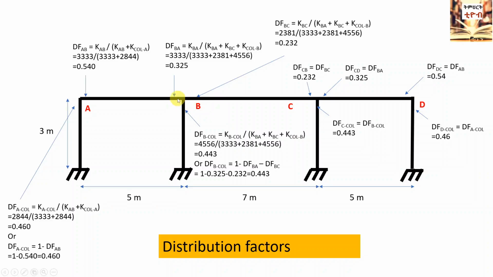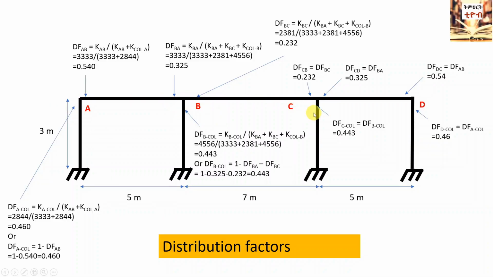For example, at joint B, the distribution factor for the member BA will be calculated by dividing the stiffness of the member BA by the sum of the stiffness of all members at the joint including member BA. We need to calculate the distribution factor for all joints and in every direction.